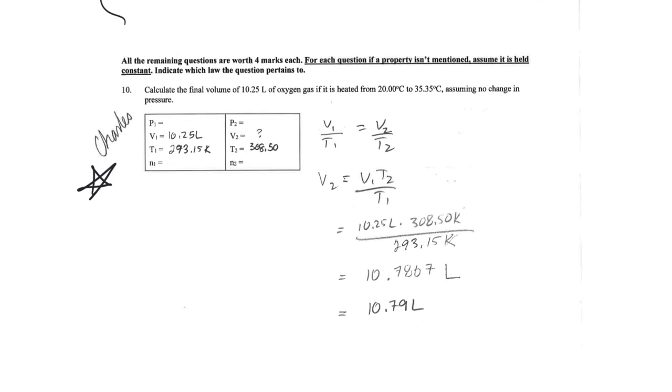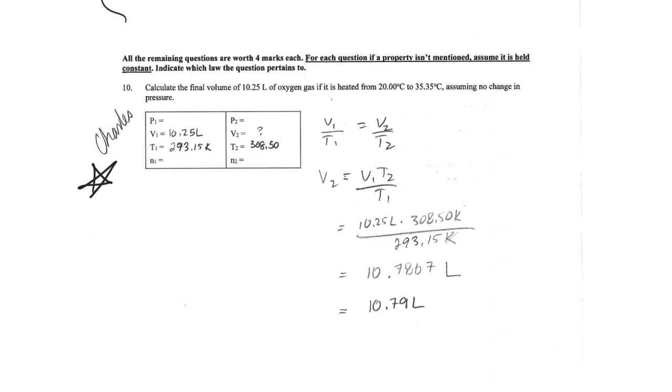Question 10, let me zoom in a bit. Calculate the volume of 10.25 liters of oxygen gas if it's heated from 20 to 35. So this is the initial volume, like I've shown here, and it started at 20. You have to change that to Kelvin.